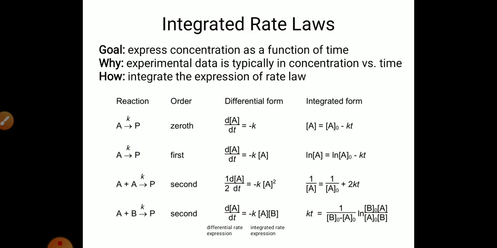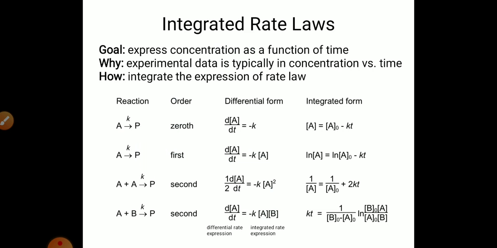The differential form for the zero order reaction is d[A]/dt equals minus k, and the integral form is [A] equals [A]0 minus kt.